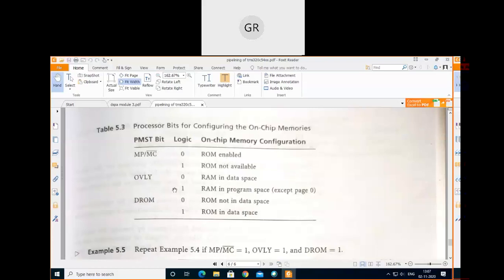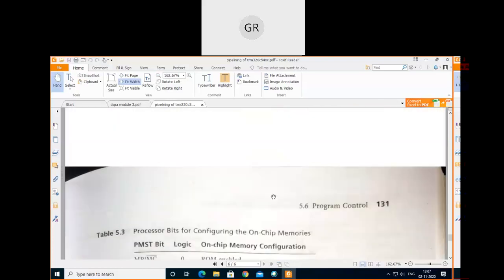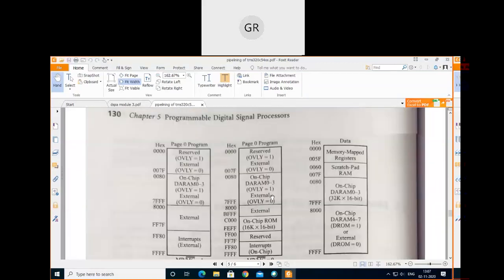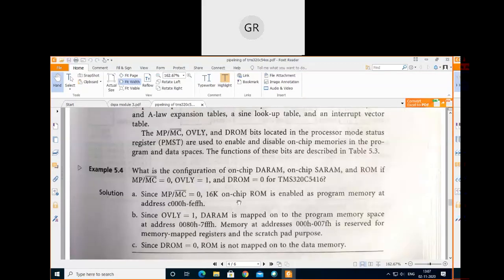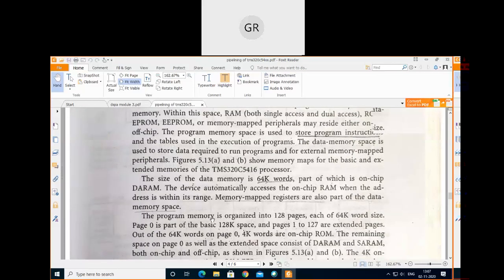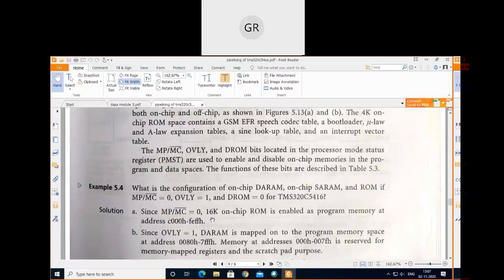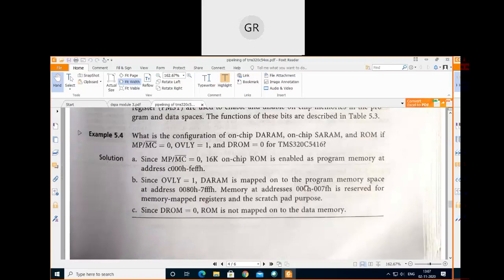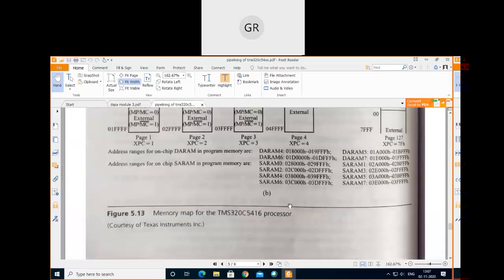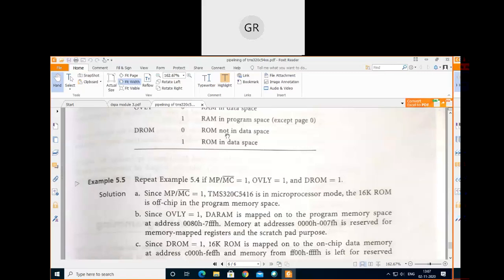OVLY equal to 1 means RAM in program space. Then DROM equal to 0 means what will happen? ROM not in the data space.